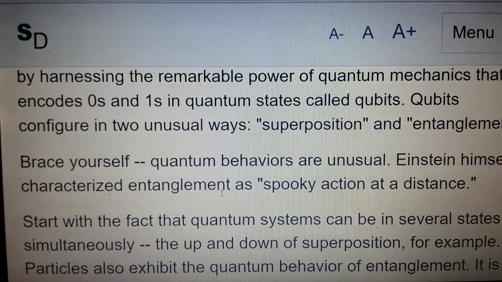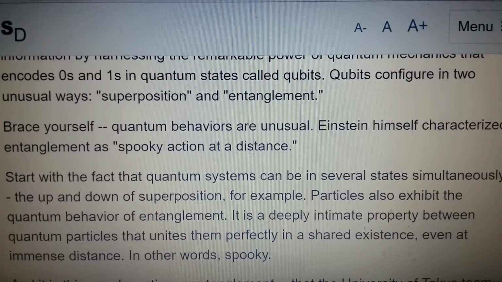Brace yourself, quantum behaviors are very unusual. Einstein himself characterized entanglement as spooky action at a distance. Start with the fact that quantum systems can be in several states simultaneously, the up and down of superposition, for example. Particles also exhibit the quantum behavior of entanglement.